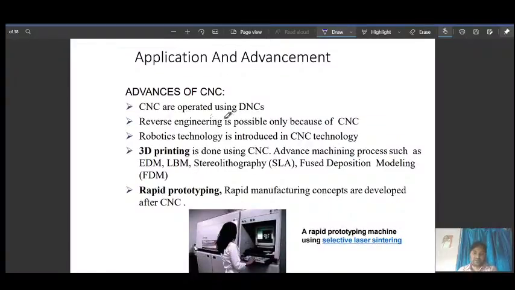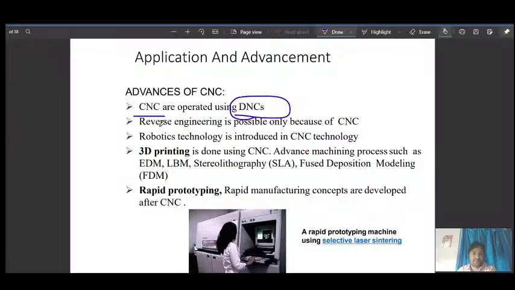Again, CNC machines nowadays are being operated with DNC. Again, reverse engineering is possible because of CNC, where you can disassemble the parts and try to combine more than two components into one component to reduce the number of parts.